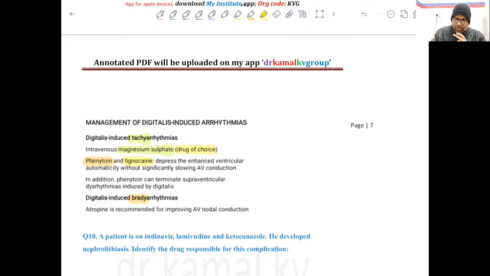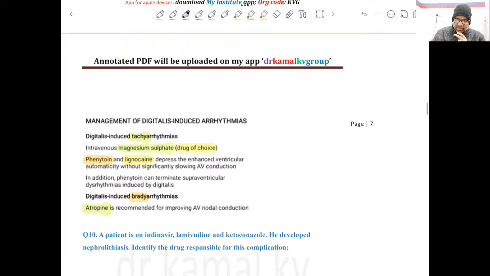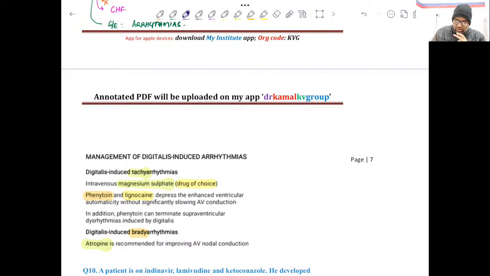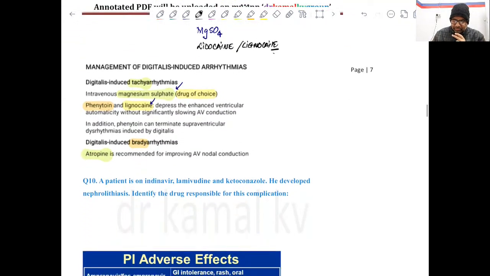Clear? And for bradyarrhythmias, obviously we need to give atropine. So in this case, it can be MgSO4 or lignocaine. MgSO4 is preferred, and we can also give lidocaine. So digitalis-induced arrhythmias are a very important side effect.